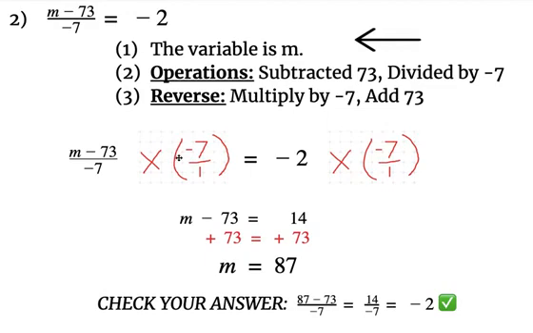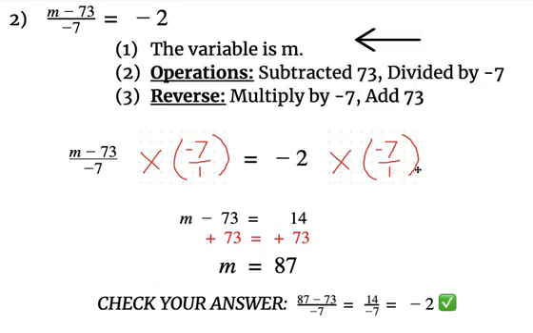So we're going to do that here. First step is to, like we said, multiply by negative 7. When I multiply by negative 7, I have a negative 7 on top and a negative 7 on the bottom. So that's like negative 7 divided by negative 7, which cancels itself out and becomes 1, okay? So that's how we're left with m minus 73 on the left-hand side.